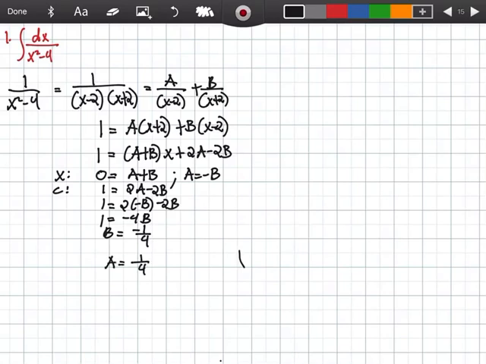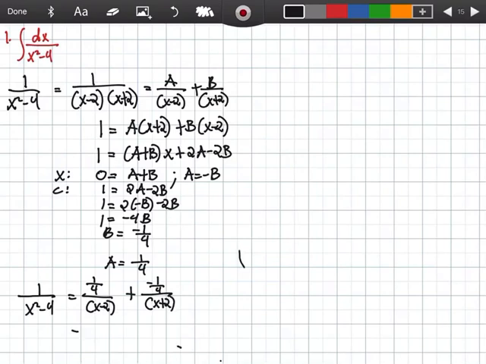1/4. So we substitute, class, that 1 over x squared minus 4 is equal to 1/4 over x minus 2 plus negative 1/4 over x plus 2.